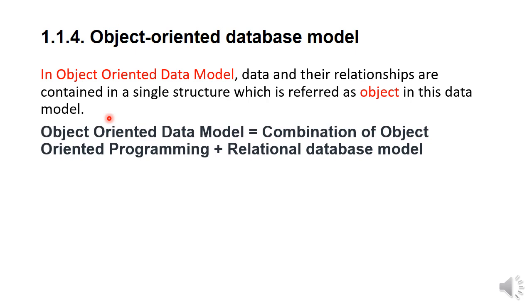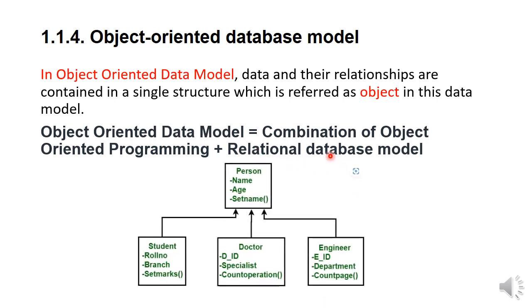In other words, an object-oriented data model is a combination of object-oriented programming as we know it in programming languages plus the features of the relational database model. So we have an example of an object-oriented database model where we have the entities or the tables.